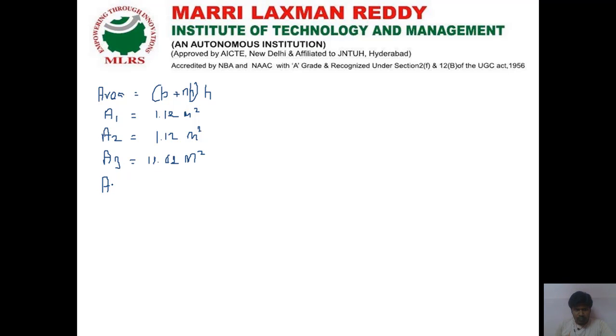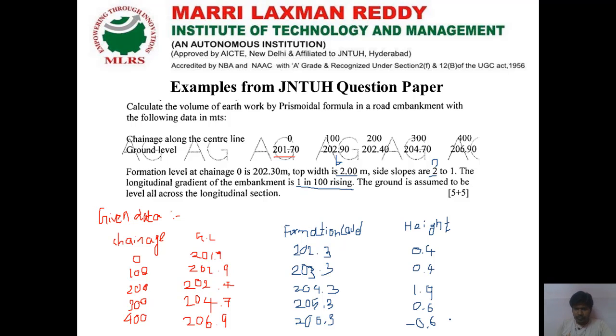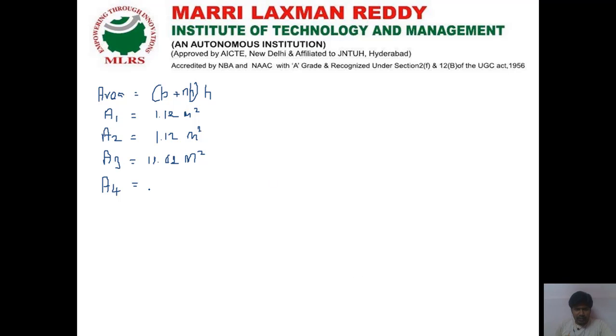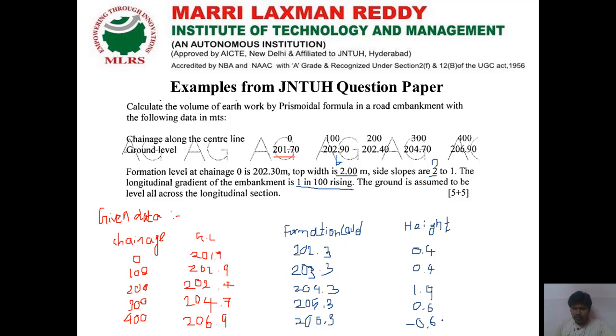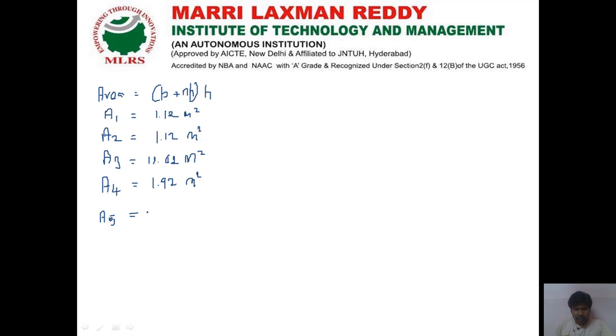Next A4, that is 0.6 meters, 1.92 meter square. Then next A5. Here the H5 is minus 0.6. If I substitute it, I get the answer of minus 1.92.